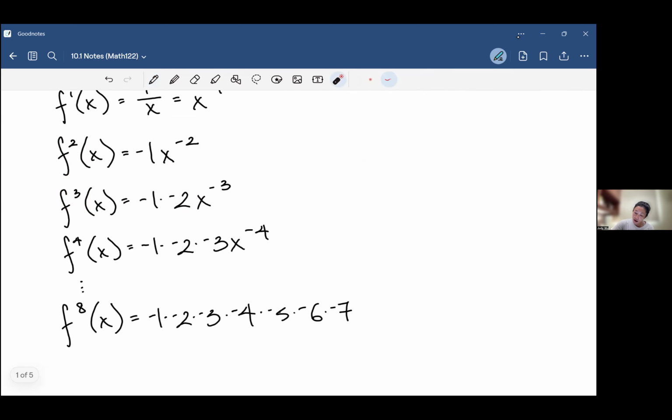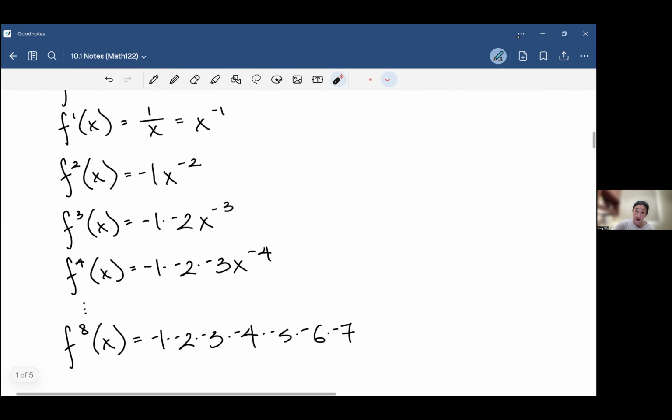Okay. But all of them, let's look at their powers now. For the first derivative, it's to the power of -1. The third derivative is a power of -3. So I bet for the eighth derivative, it's going to be x to the power of -8.